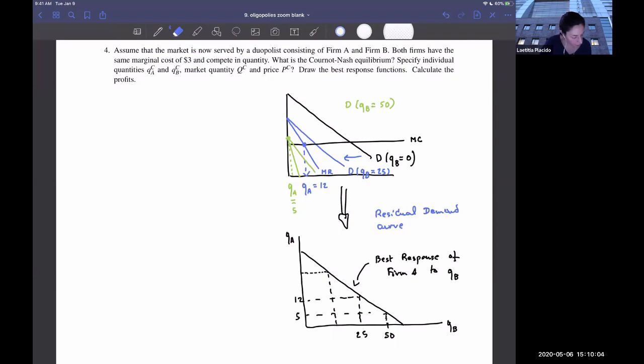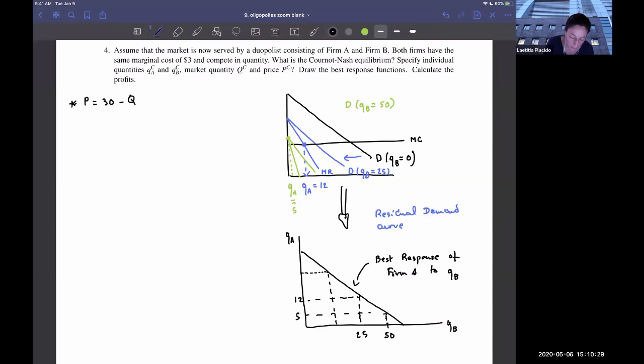So how do we solve this kind of problem? Okay, so first, remember we have the market demand, and the market demand was 30 minus Q. Okay, so now you need to be aware that Q is the sum of QA plus QB.